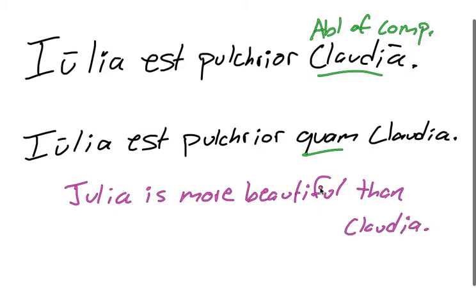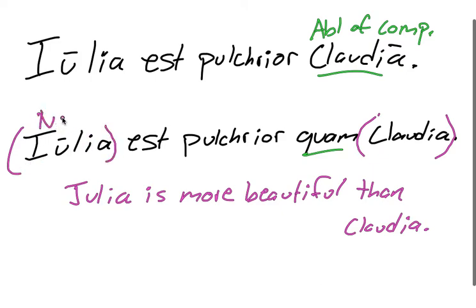Okay, so in order to make a comparison between two things in Latin, you can use the ablative of comparison, or you can use the adverb quam. But if you use the adverb quam, then you don't put the second word into the ablative. Okay, you leave it in. Here we left it in the nominative, but it might not always be nominative. It has to be in the same case as the word with which it's being compared.